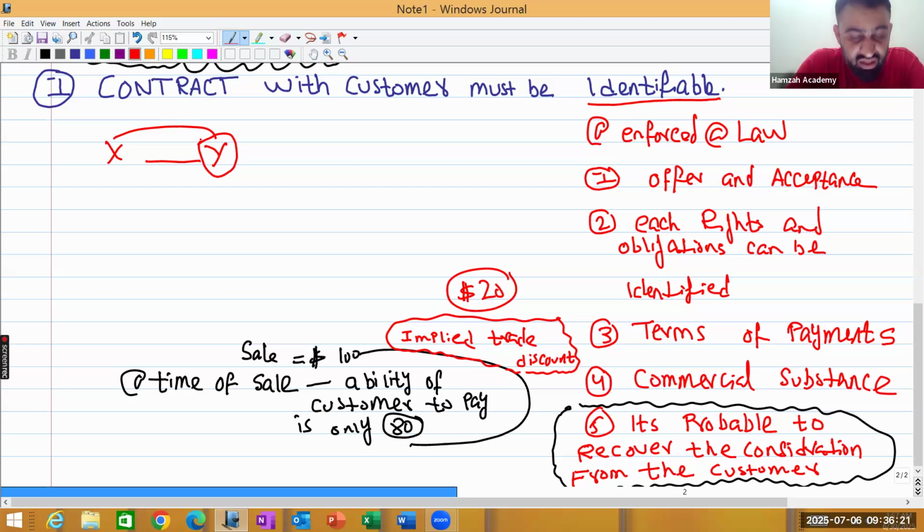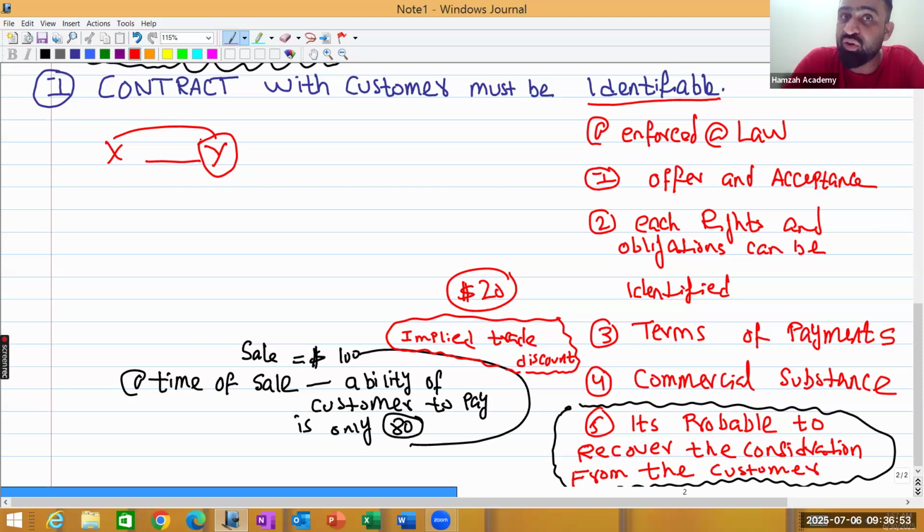Now, the laptops have been delivered, but the contract is still not identifiable because there is no proper offer and acceptance. There is no identification of each party's rights and obligations. The terms of the payments are not finalized. So the contract is not identifiable unless X accepts the goods and makes the payment to Y, which is non-refundable.